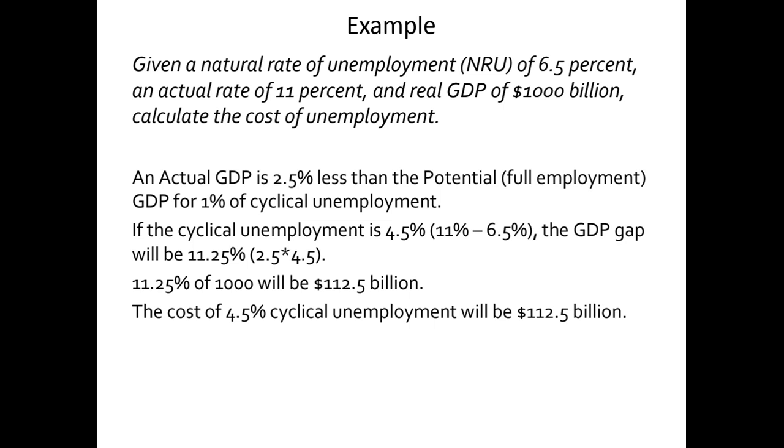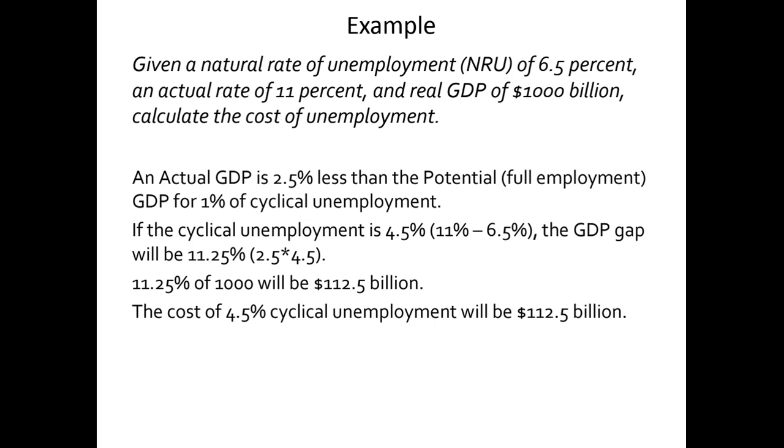So I'm just removing the price effect from nominal GDP to get real GDP. So real GDP is $1,000 billion. These are fictitious numbers, and I just take them to simplify the calculation. The calculation is much easier if we use these numbers. Calculate the cost of unemployment.